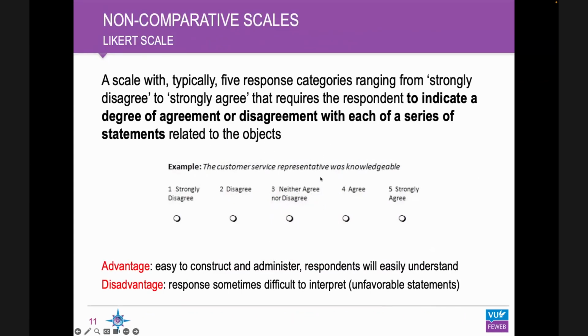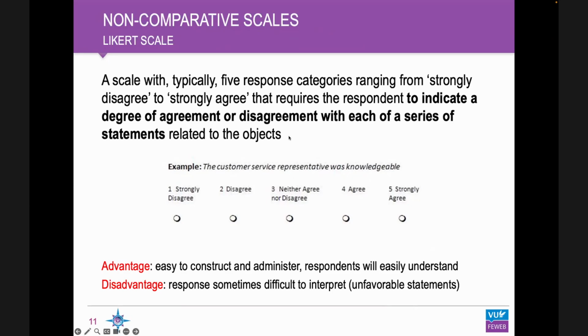So for instance, here, we had strongly disagree, neither agree nor disagree, which is a neutral option, agree, strongly agree. And then if, let's say, 3 is slightly agree and 4 is agree, then it's very hard to say that disagree to slightly agree is the same distance as slightly agree to agree.